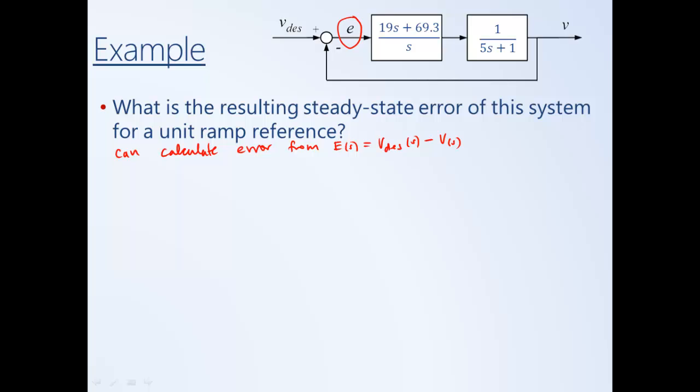So one way to calculate the error is to define a transfer function with an output of error and a reference input. So looking at this, we again have a unity feedback system. Forward over 1 plus loop is the rule for reducing a negative feedback system.